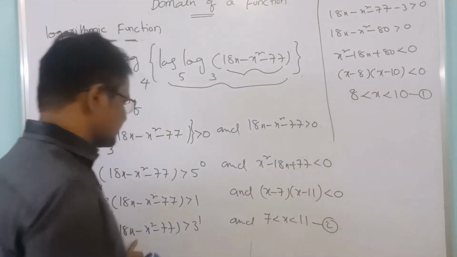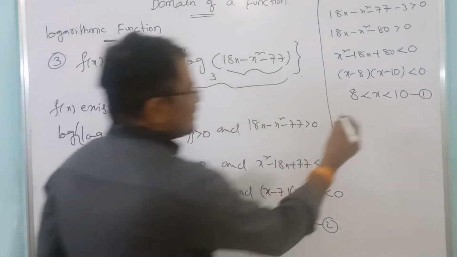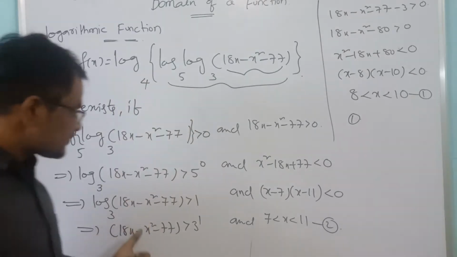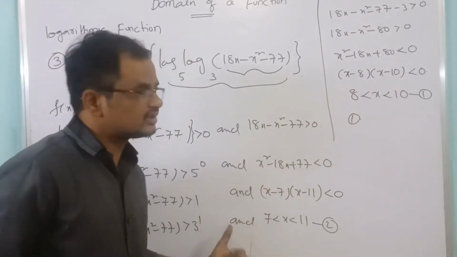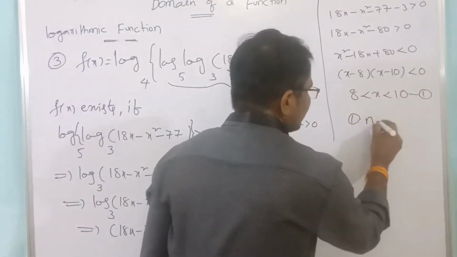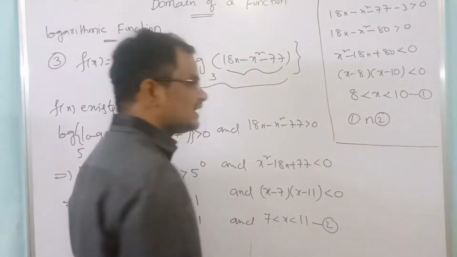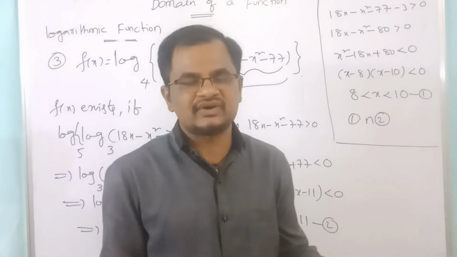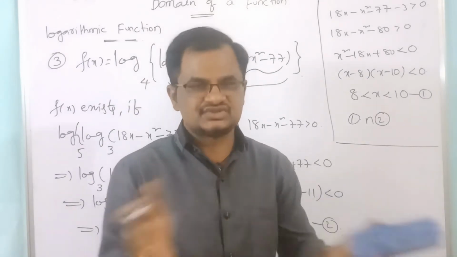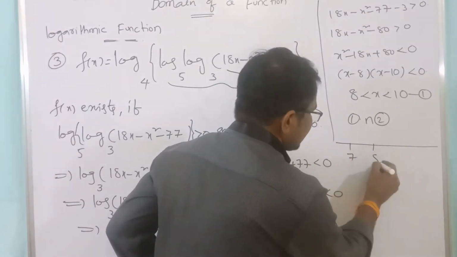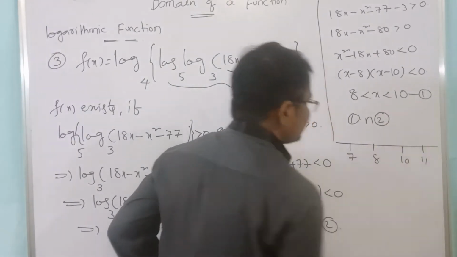This is the continuation. Now here for getting the domain of the given function, what we have to take? Common values of these two, right? Now for that, 1 intersection 2 we have to take. So take these two on a real number line, then easily you can identify the common values. So first one is here 7, 8, 10 and 11.